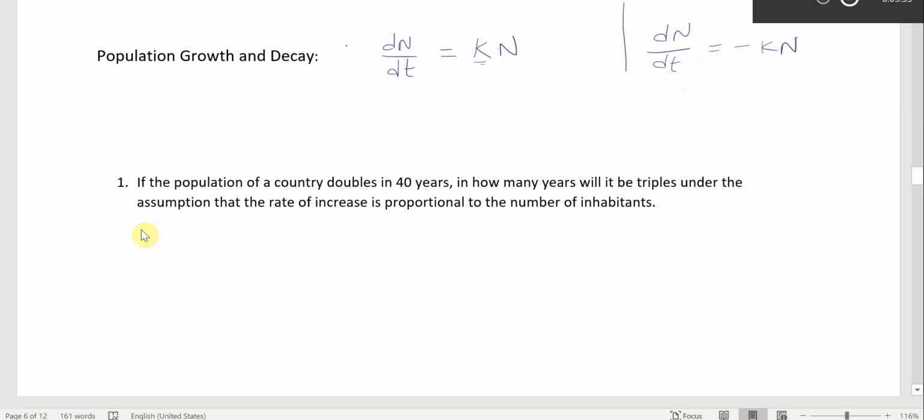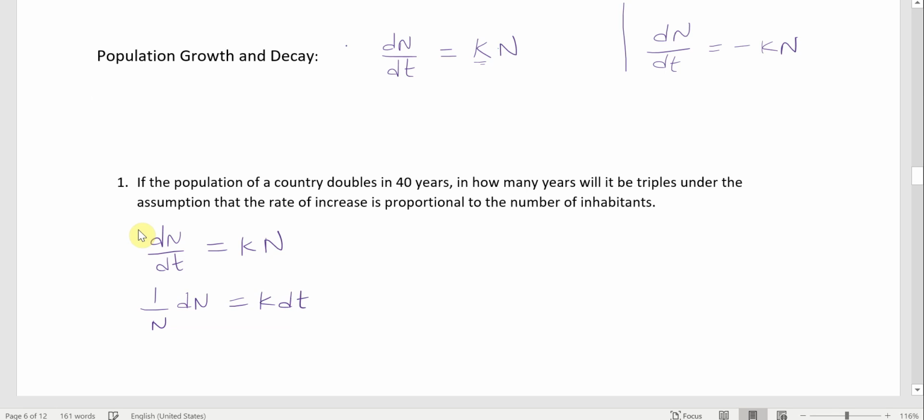So let us write the formula first. dn by dt equals kn, as growth and increase is there. Later if we solve this, clearly we can change this into a separable differential equation. 1 over n, I bring this n down, dn equals k dt.